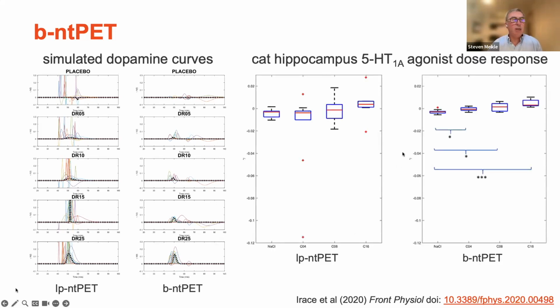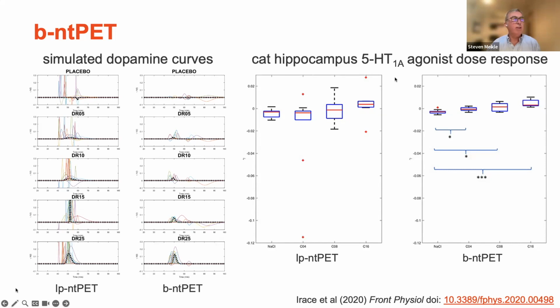And then this is just the data from their cat brain studies. This was using a serotonergic 5-HT1A receptor binding tracer, and it was a dose response study.